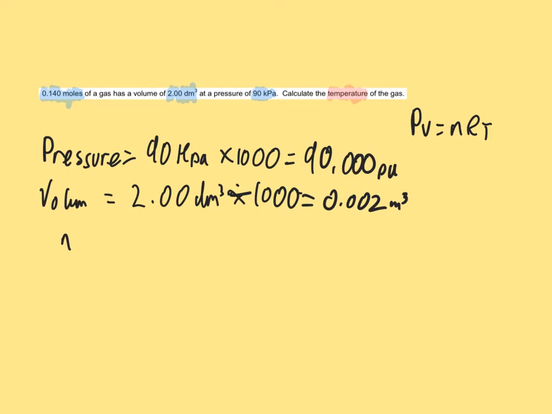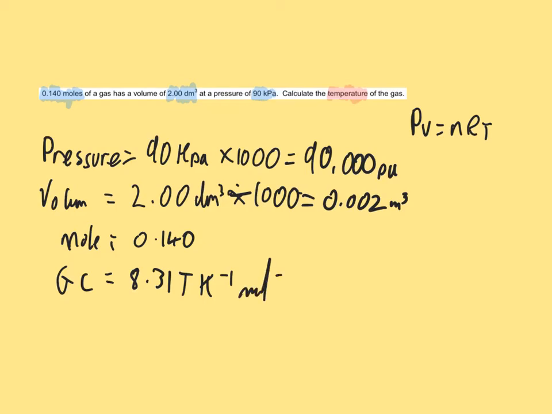n, our moles, is 0.140. Gas constant, or GC in this case, is once again 8.31 joules per Kelvin per mole.